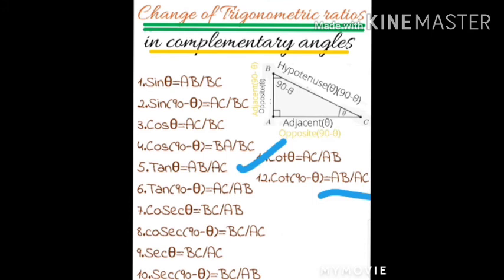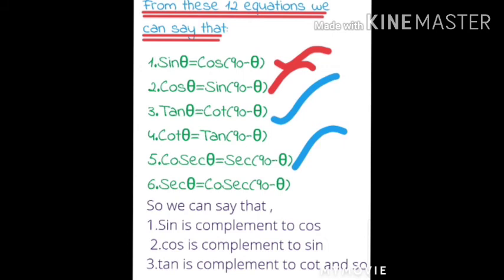The next one is cosec theta. Cosec theta is equal to BC by AB, and sec 90 minus theta is also equal to BC by AB. So from the 7th and 10th equations, cosec theta will be equal to sec 90 minus theta.